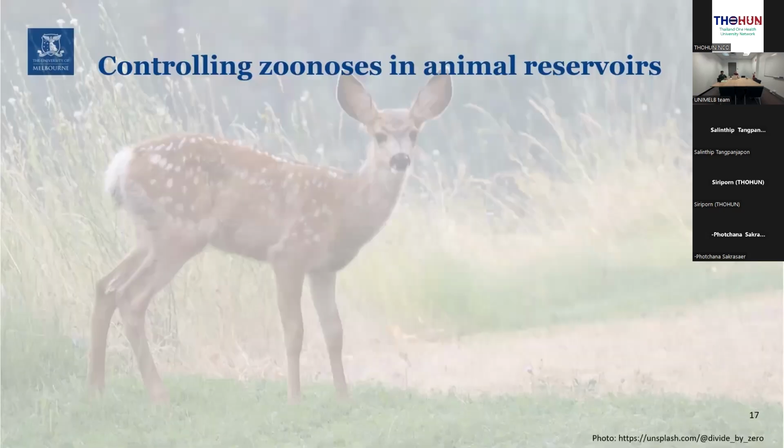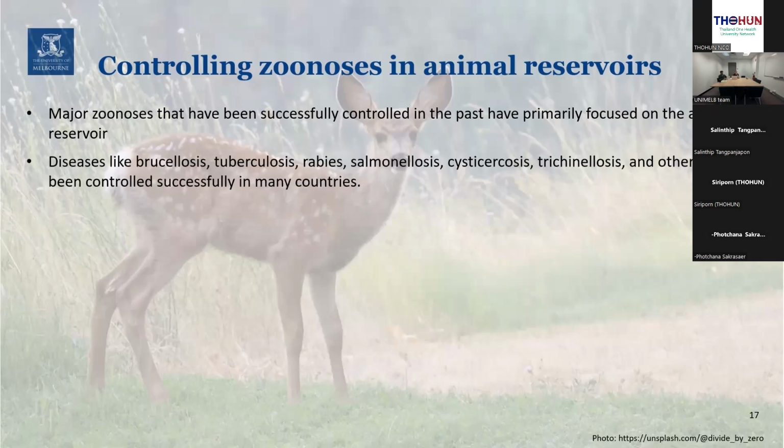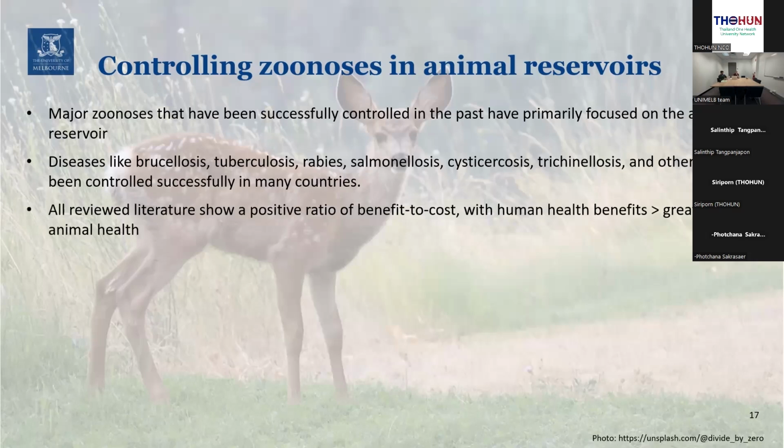So controlling zoonoses in animal reservoirs is the next one. So she points out that there's been success in controlling zoonoses in the past in animal reservoirs. So diseases like brucellosis, rabies, salmonella, and others have been controlled successfully in many countries.